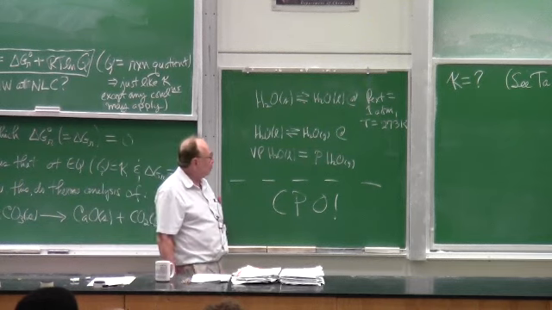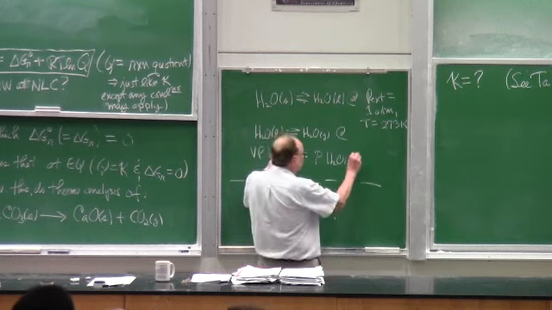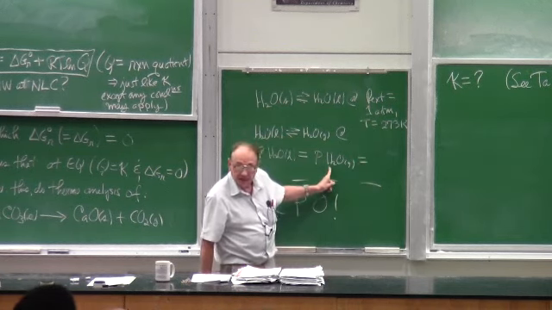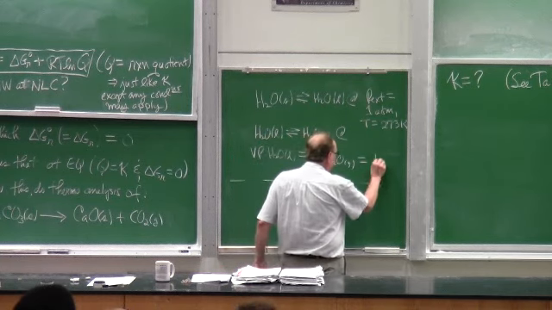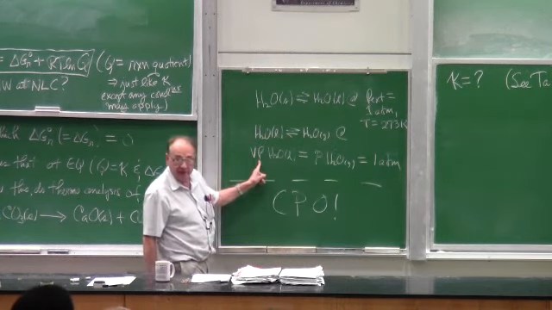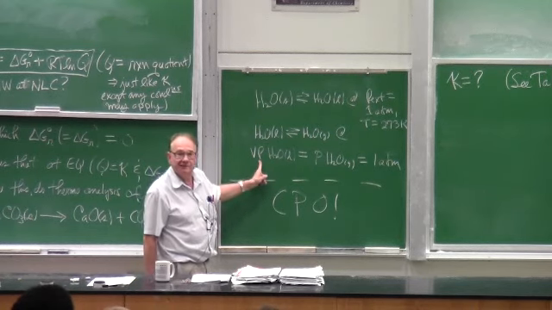So what condition for water vapor must exist for this to exist under standard state conditions? What's this got to equal? 1 atmosphere, that's right. Which means the vapor pressure of this has got to be 1 atmosphere. At what condition does this exist?